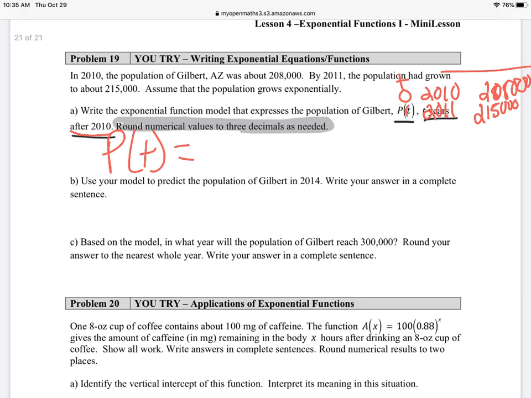So when I go to write this function, if when my t is 0, my population is 208,000, well, that's going to go in the spot for A, 208,000.